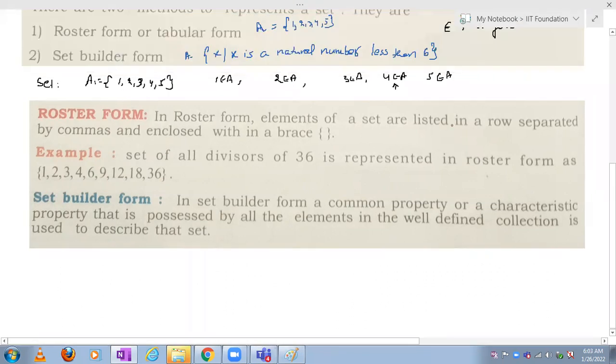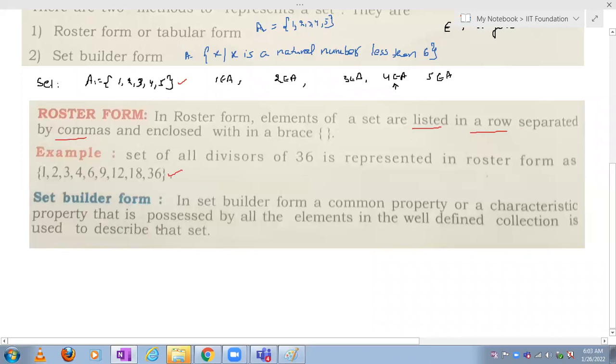In roster form, the elements of a set are listed in a row and separated by commas, like this: 1, 2, 3, or 4, 6, 9, 12, and so on.